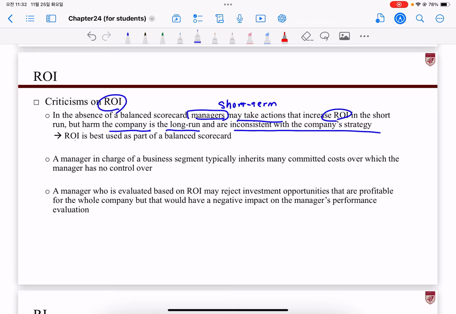So instead of using ROI solely, it can be used as part of other metrics. We will learn about the balanced scorecard in a later part. The balanced scorecard approach takes financial metrics as well as non-financial metrics, so that the company manager is not too short-term focused.